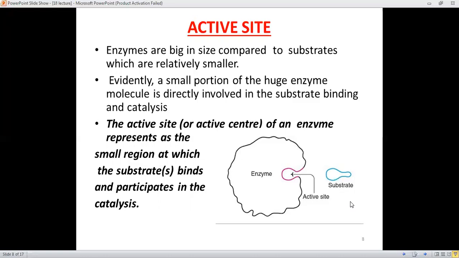The active site, which is also known as the active center, represents a small region of the enzyme at which the substrate binds and participates in the catalysis, and the enzyme is responsible for catalyzing the conversion of substrate into product.